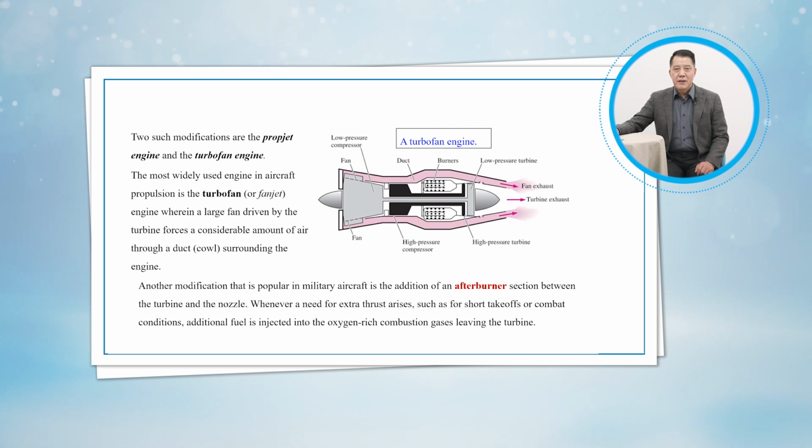Whenever a need for extra thrust arises, such as for short takeoffs or combat conditions, additional fuel is injected into the oxygen-rich combustion gases leaving the turbine. As a result of this added energy, the exhaust gases leave at a higher velocity, providing a greater thrust.